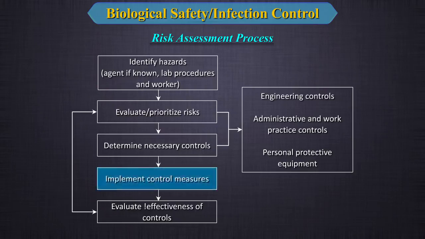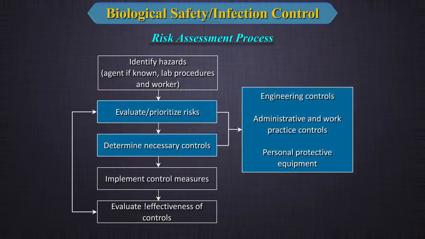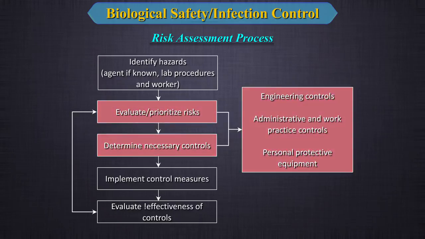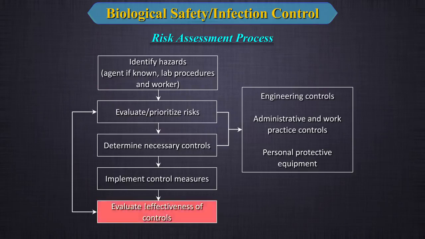Both of these are related to engineering controls, administrative and work practice controls, and personal protective equipment. Once we implement the control measures, we must evaluate the effectiveness of that implementation of controls. Once we have an evaluation, whatever we find as a result goes back to add to the evaluation and the prioritization of the risks, and the whole cycle can be again followed.